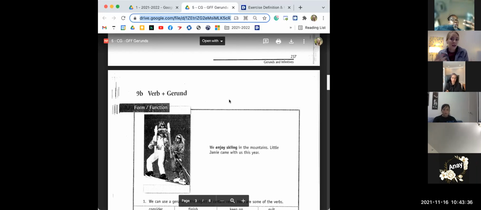An infinitive is another form of the verb that can be used as the object of a sentence, even the subject of a sentence. The infinitive is to plus the verb. And when we use it as the object of the sentence, we have to look very carefully at the main verb, because some verbs are followed by a gerund and some verbs are followed by an infinitive.